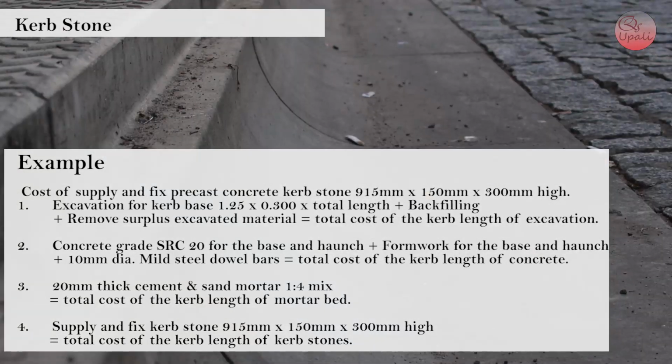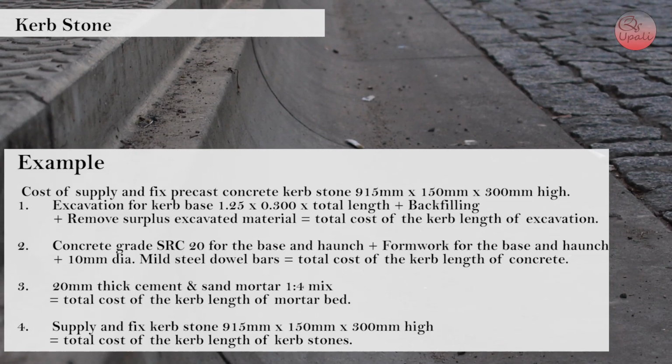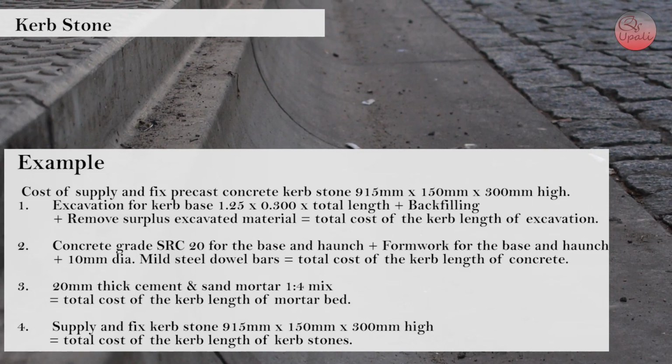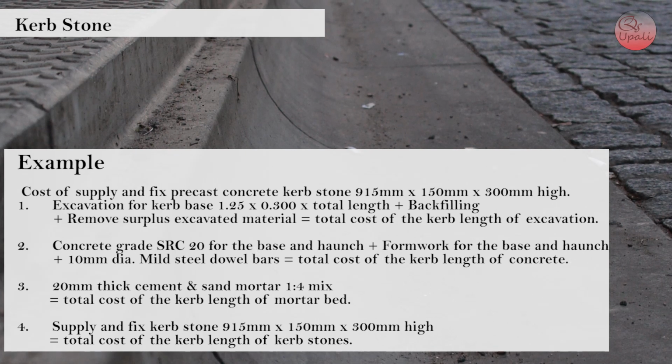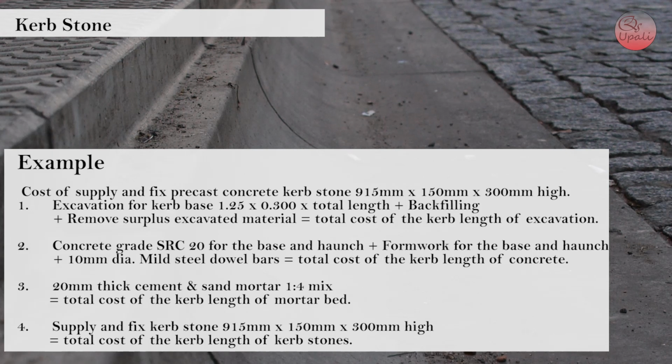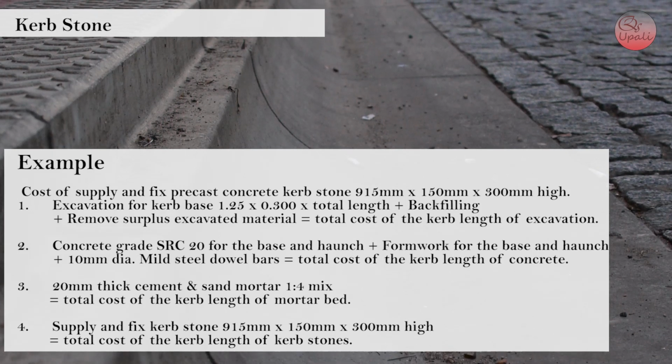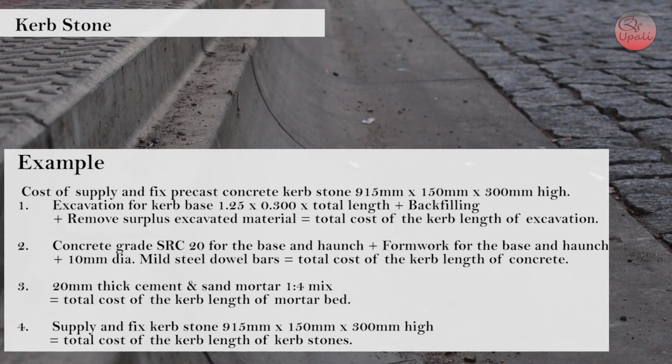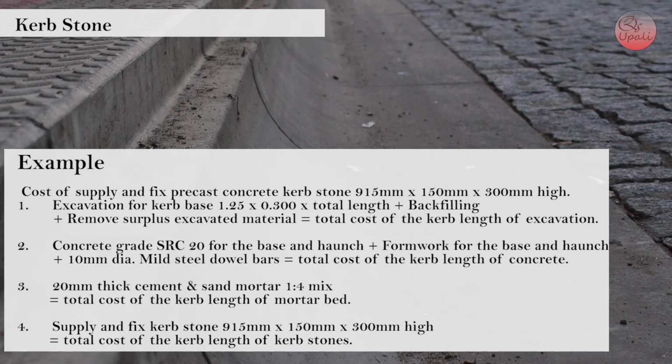1. Excavation for curb base 1.25 by 0.300 by total length, plus backfilling, plus removal of surplus excavated material, equals total cost of the curb's length of excavation. 2.